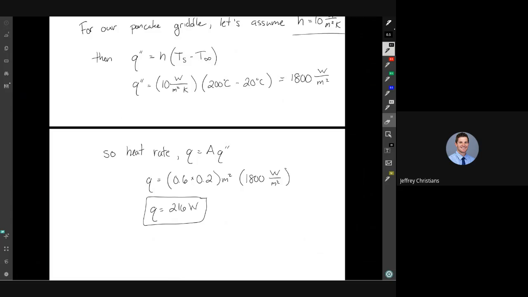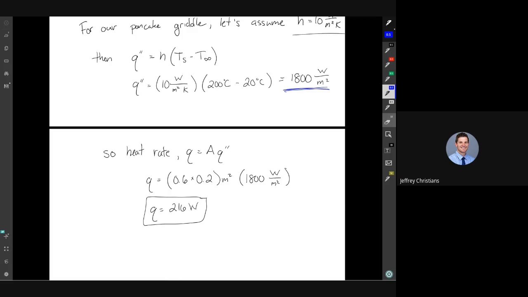Yeah, Liz. So this would be true for any griddle of any size, because we're multiplying size. Yep, but geometry matters. If you had a bigger griddle, you're going to have a different H in the same conditions.